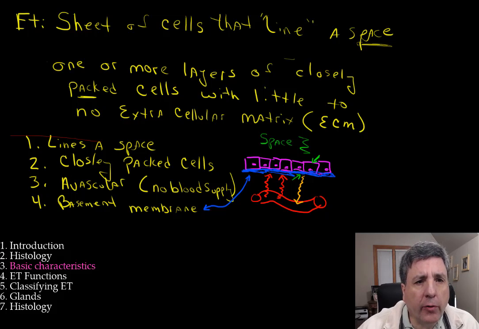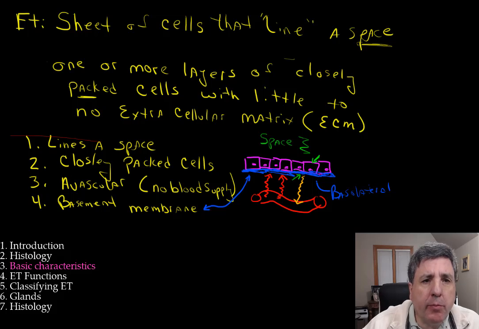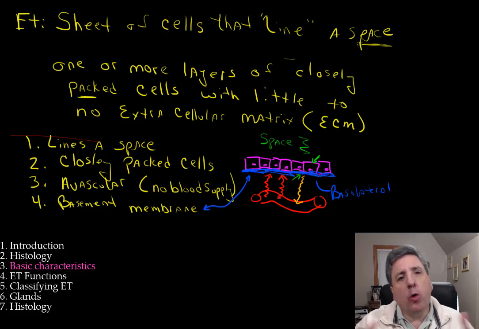And this surface is actually called the basolateral surface. I think that's basolateral. That's going to be the basolateral surface, and then that makes this side, which is open to space, open to a free area.